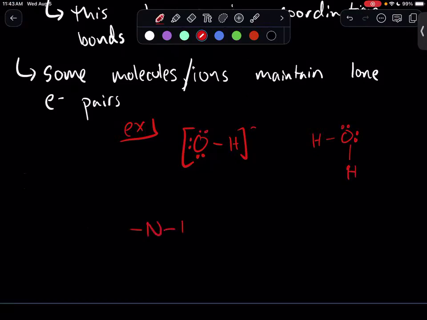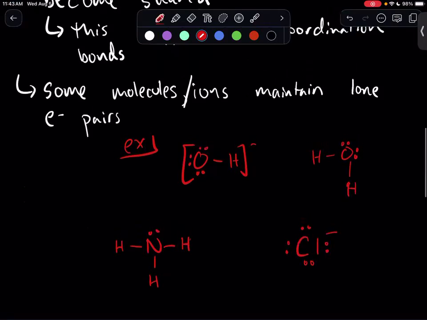Maybe ammonia. In ammonia, we have another very electronegative element, nitrogen, in this case having 1 electron pair, or maybe an ion like chloride ion. Chloride has not 1, not 2, not 3, but 4 different electron pairs.